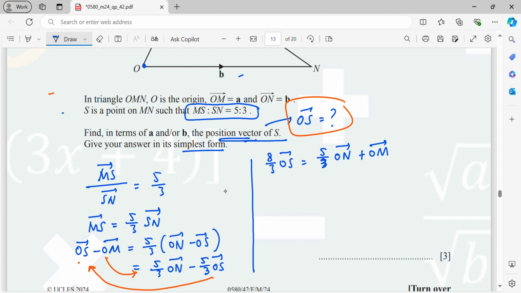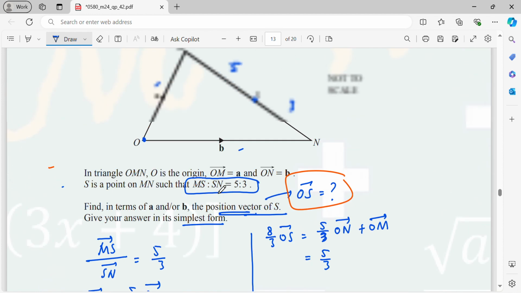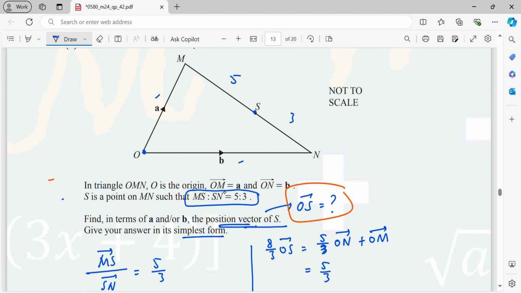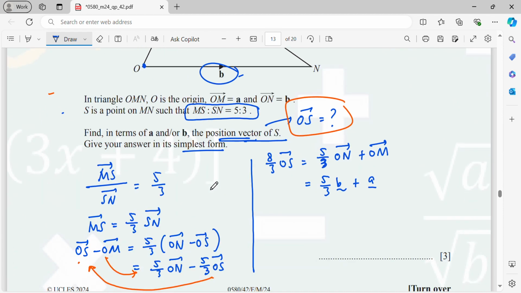So then from here, 5 over 3, my ON, look at the diagram, ON is B. And then my OM is going to be A. So at last, my OS, the 8 over 3 moved to the other side becomes 3 over 8.